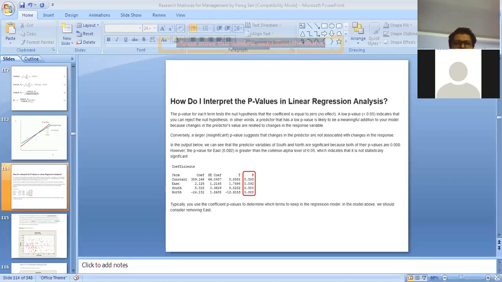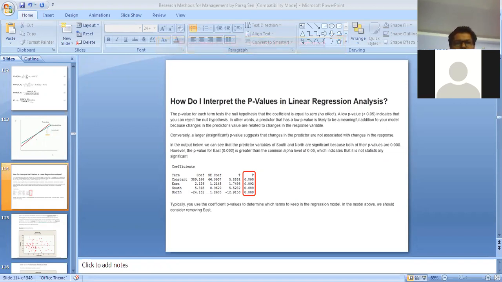In that case you will definitely find out the equation. Your ultimate objective is to find out the constant term and also the coefficients for speed, feed, and depth of cut. And you will also check your p values to understand which particular independent variable is really useful to predict the dependent variable.